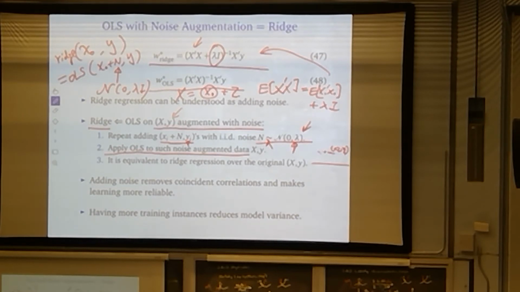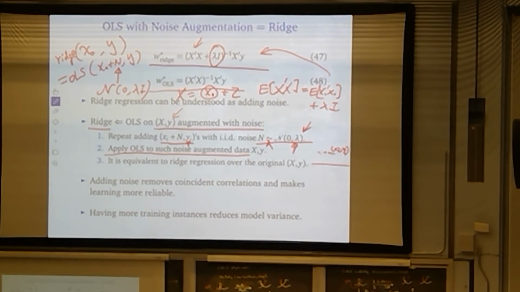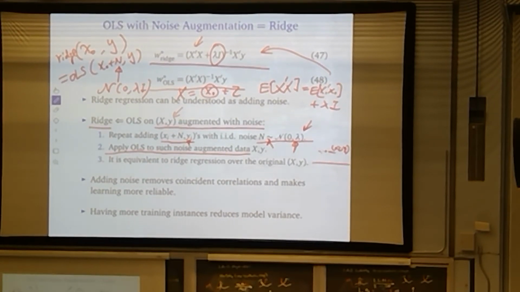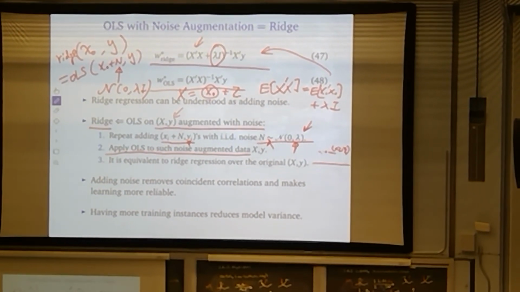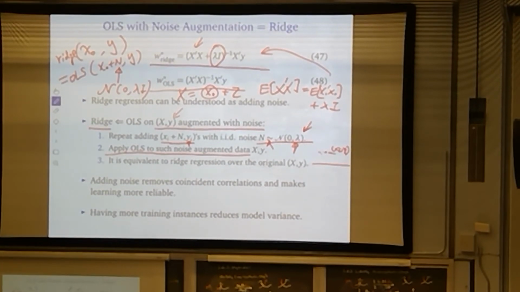Okay, but on the other hand, you might think, why do we bother? Initially my data is 1 million, why do I make it 20 million and solve this OLS? Sometimes it's still helpful in the following sense. Adding the noise removes coincidental correlations and makes learning more reliable.